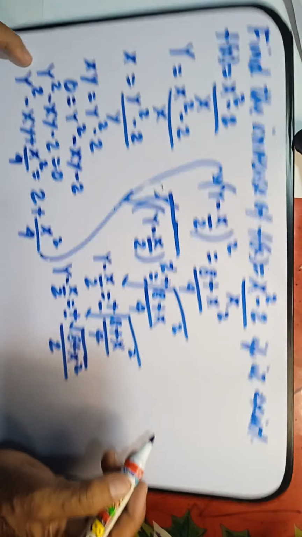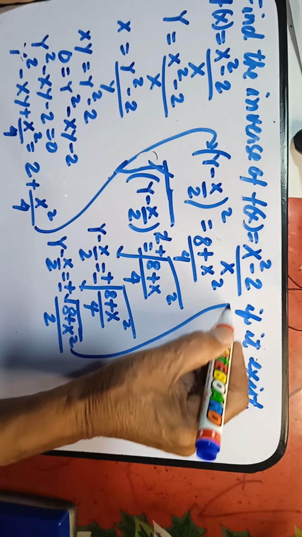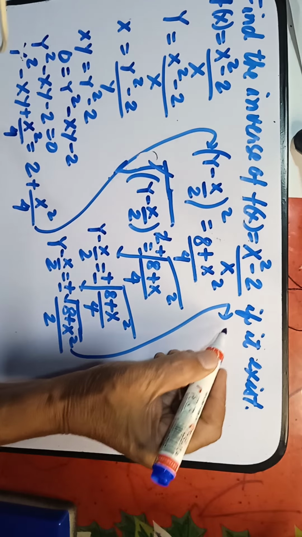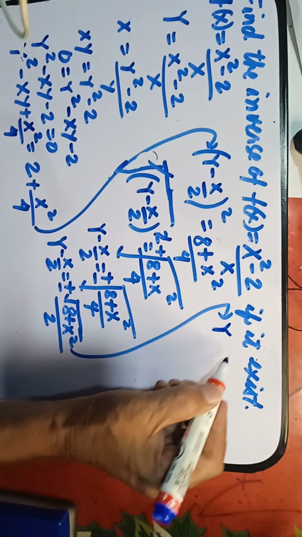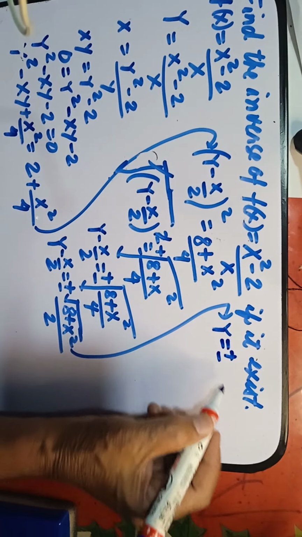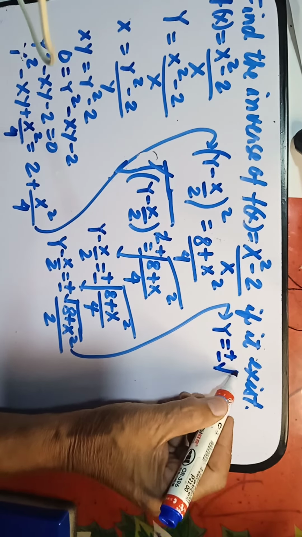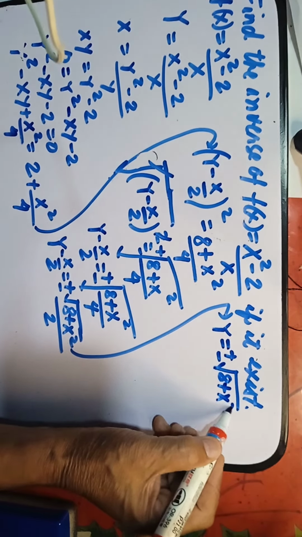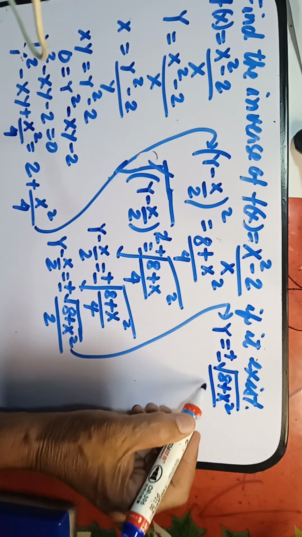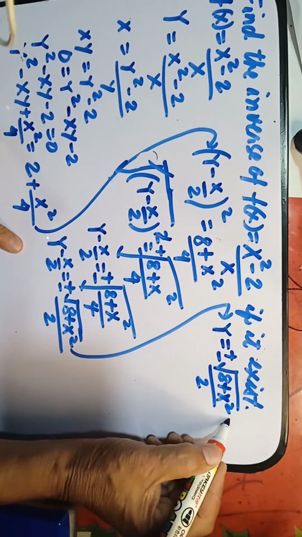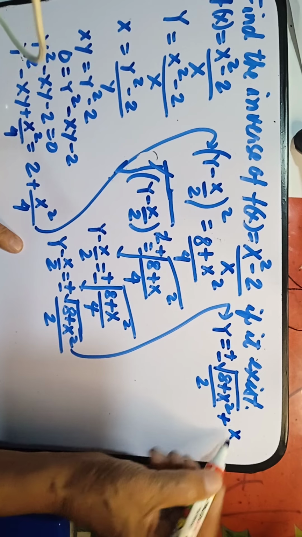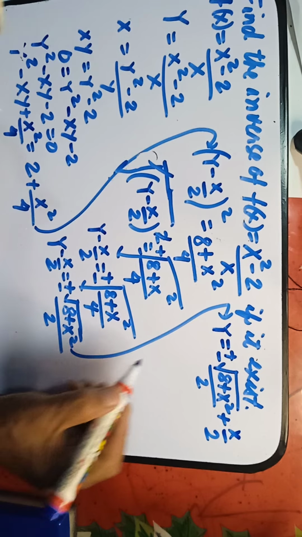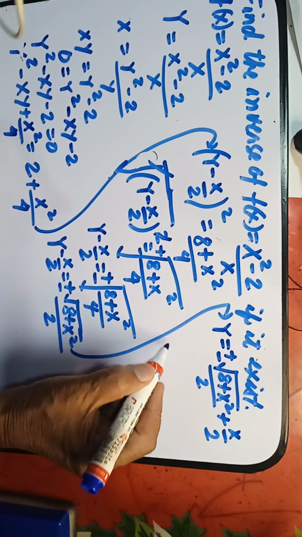Finally, we transfer this to the other side. So y is equal to plus or minus the square root of 8 plus x square over 2 plus x over 2. So this is already the inverse function.